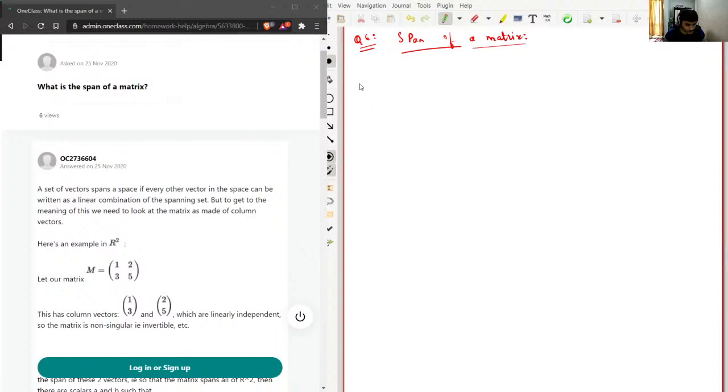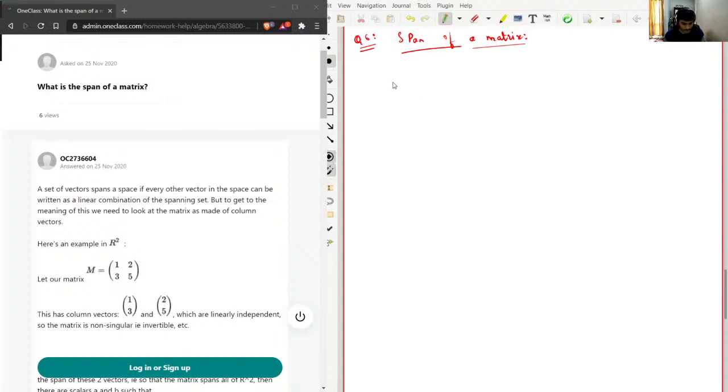So I'll just first go with the definition given here. A set of vectors spans a space if every other vector in the space can be written as a linear combination of the spanning set. But to get to the meaning of this, we need to look at the matrix as made of column vectors.